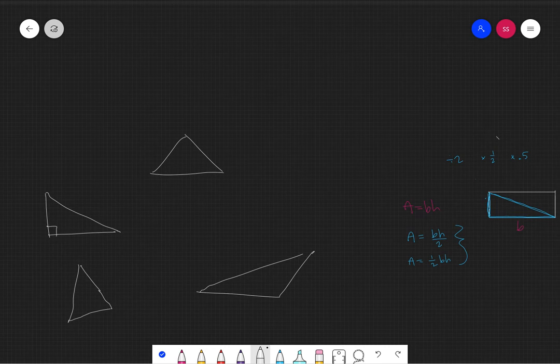So I want to again go over how to identify base and height. And it's the same kind of trick as before. The height will be perpendicular to the base. Okay.